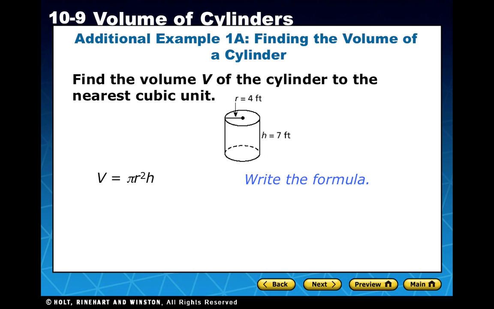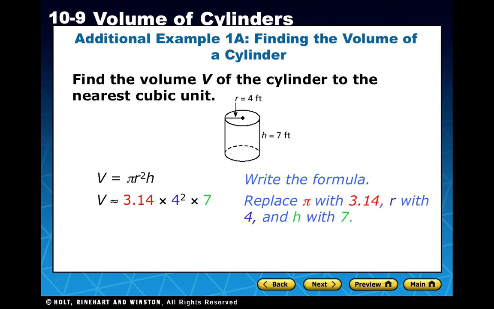And we'll be rounding to the nearest unit, so it shouldn't matter which version you use. Okay, so in this example we're going to use 3.14, but if you want to use something else, that is totally fine. And the radius is 4, so it's going to be 3.14 times 4 squared times 7.